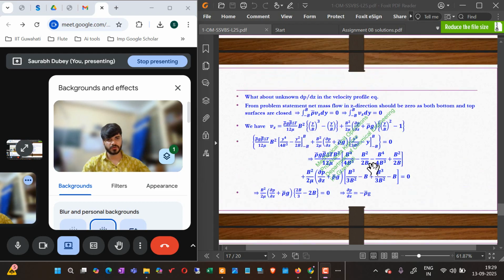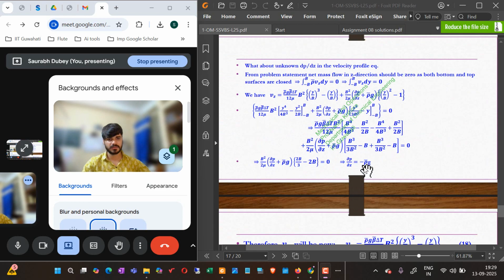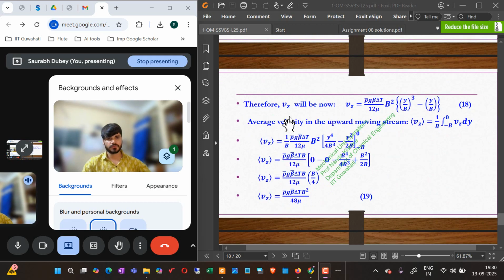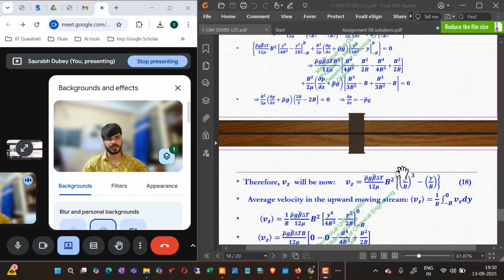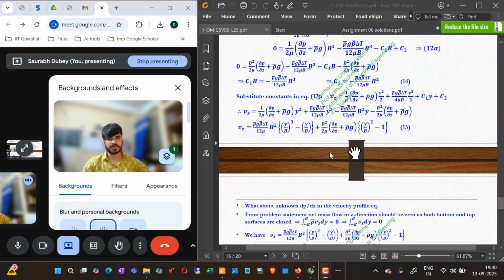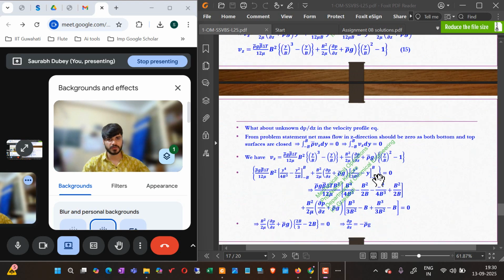And from here you see that del p by del z equals minus rho bar g, which you also know. So based on that, vz will now be only the first term. The second term will be omitted.